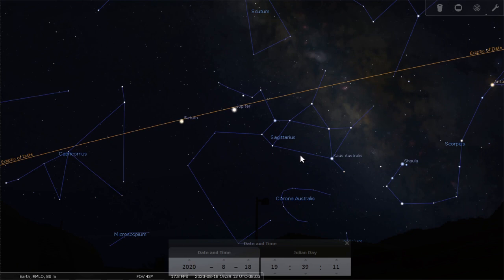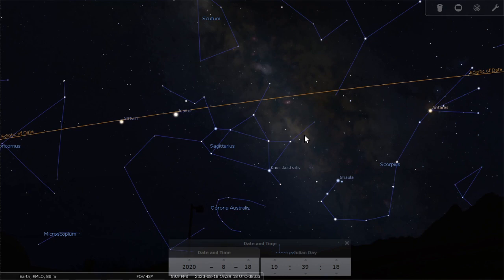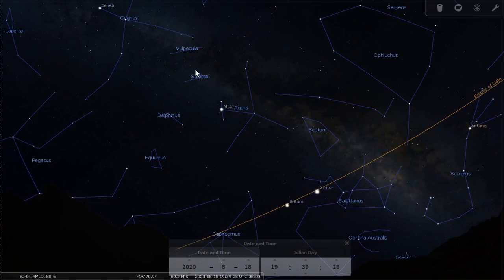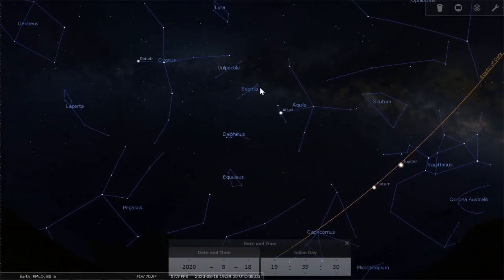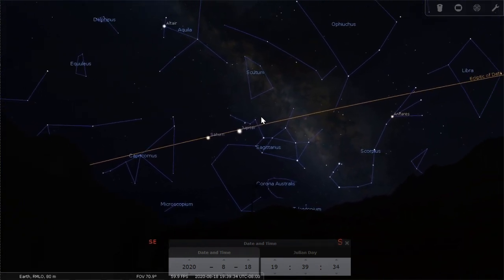Good luck seeing that. I see the teapot. But the teapot is really helpful for finding something hanging out right off the end of the spout, roughly around 26,000 light years in this direction, is again the center of the Milky Way Galaxy, and that big stripe of the Milky Way takes us back through the summer triangle up here. So when you find all of those objects, you can see quite a bit with that.